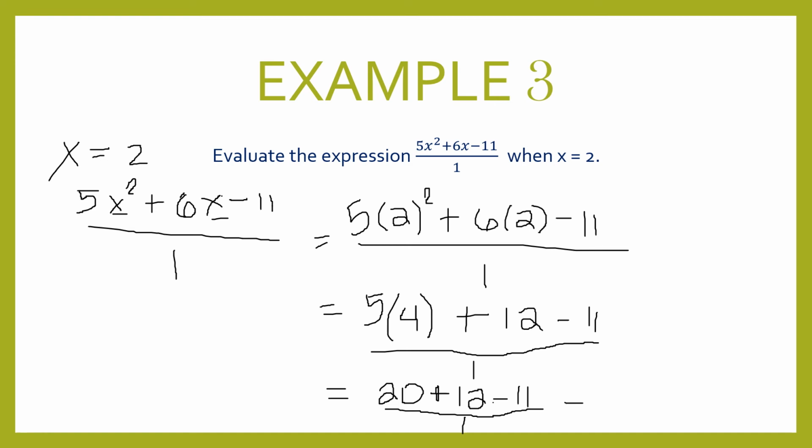Now, simplify this one. 20 plus 12 is 32. 32 minus 11. So, ilan? That is 21. Okay, so 21 over 1.